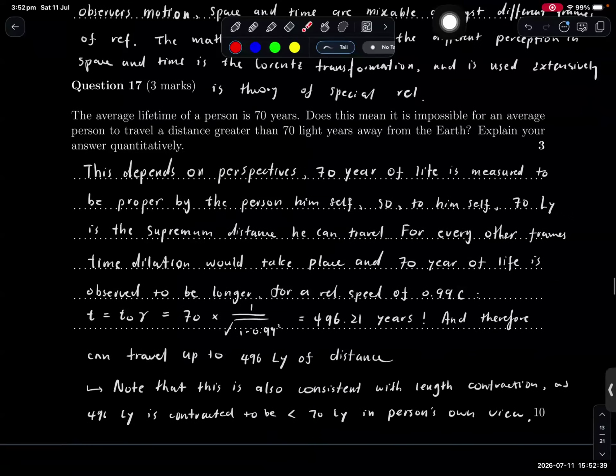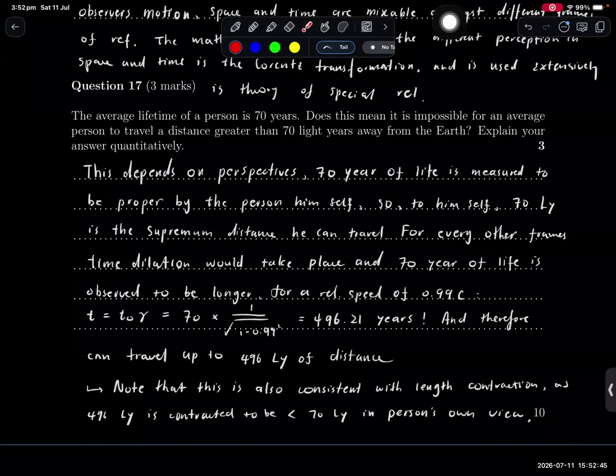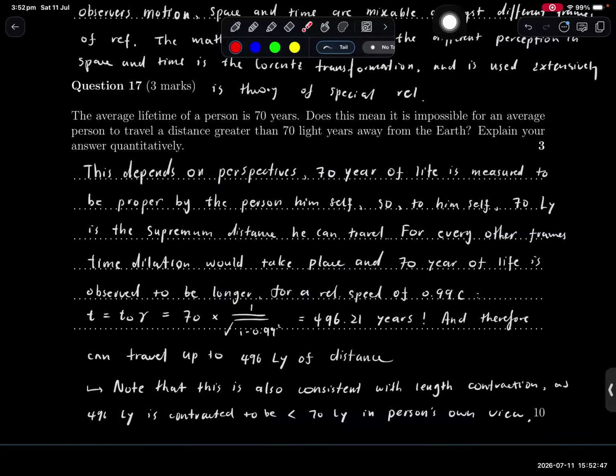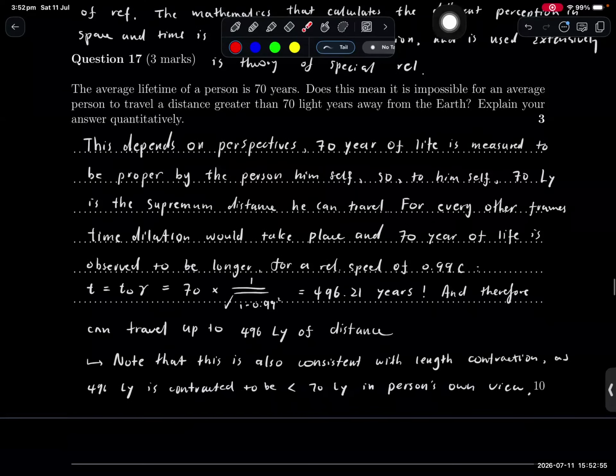Question 17. The average lifetime of a person is 70 years. Does this mean it is impossible for an average person to travel to a distance greater than 70 light years from Earth? Explain your answer quantitatively. Well, this depends on perspectives. 70 years of life is measured to be proper for the person himself.